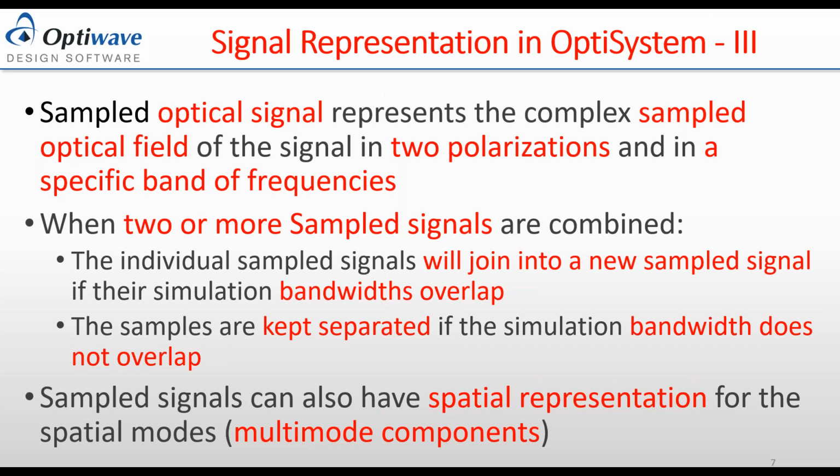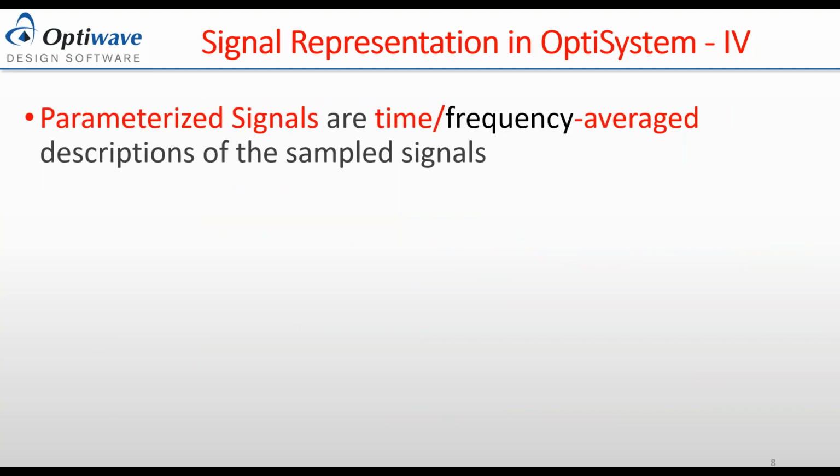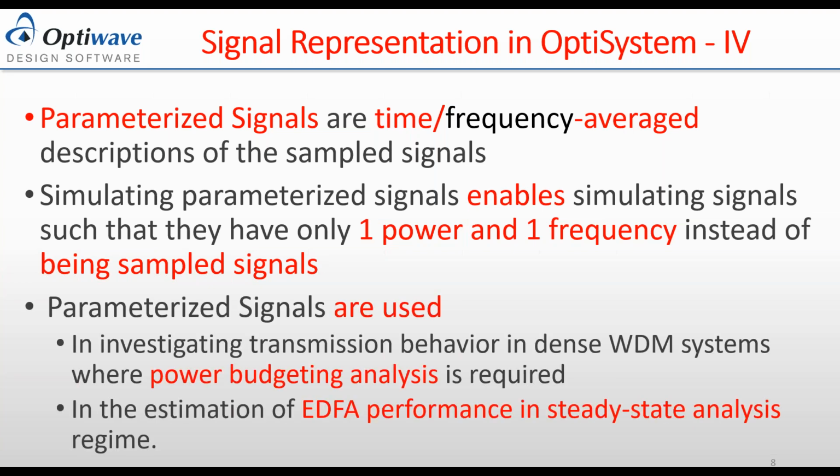Now, sampled signals also can be represented spatially, so you would be able to represent the signal for multi-mode components and use the spatial representation as well as the time or frequency domain. Now, for the parameterized signal, when you average the signal in the time domain as an electrical signal or in the frequency domain as an optical signal, you eventually get one power value at one frequency value.